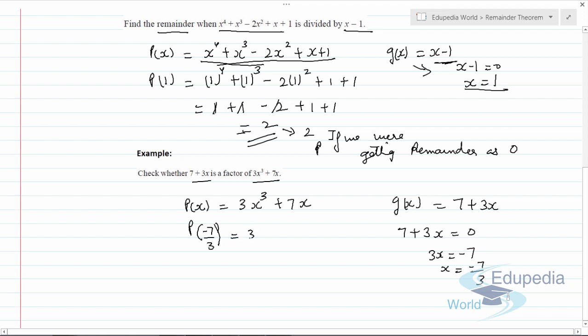What we get is 3 into minus 7 by 3 whole cube plus 7 into minus 7 by 3. So the answer will come out to be 3 into minus 7 into minus 7 into minus 7 upon 3 into 3 into 3, minus 7 into 7, 49, so 49 by 3.